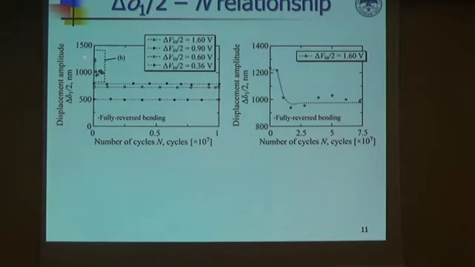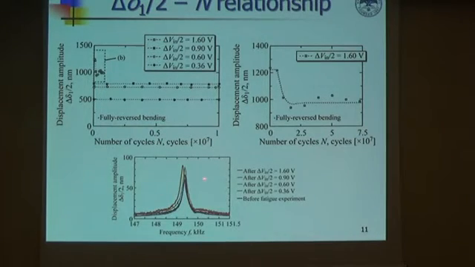However, at a displacement amplitude of about 200 nanometers, the displacement amplitude rapidly decreases like this. So after the experiment, we measured the resonant frequency, and the resonant frequency was shifted like this. So we judged that the fatigue damage was introduced to the specimen.